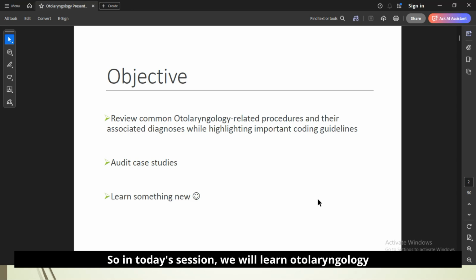So in today's session, we will learn common otolaryngology procedures as well as diagnoses, and we will use a few audit case studies. After this session, you will learn a few new things.